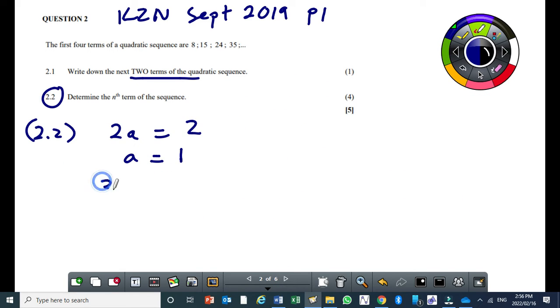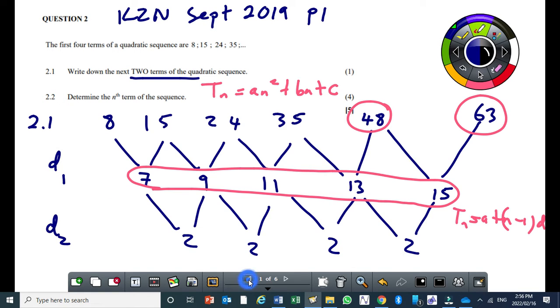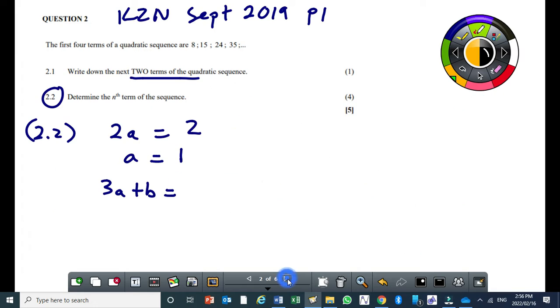to get b, it will be 3a plus b is equal to the first term of the first differences. And that first term of the first differences is this one. So this value is the one you use to calculate b. You can also use 9, 11, and 30, but don't complicate things. Use the first term of the first differences. Okay?